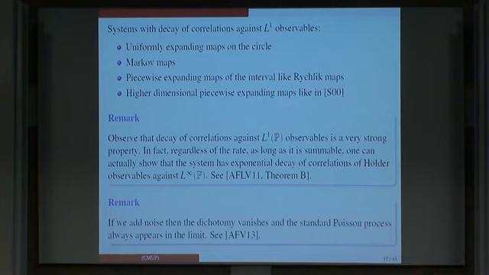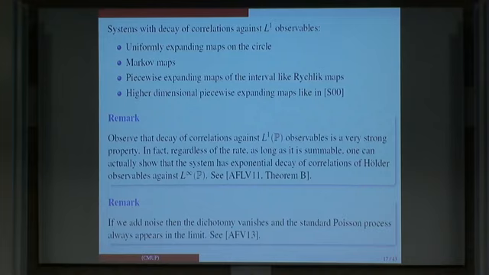And so one can actually show that summable decay of correlations against L1 implies exponential decay of correlations in different function spaces. So this says that decay of correlations against L1 is a very strong property.